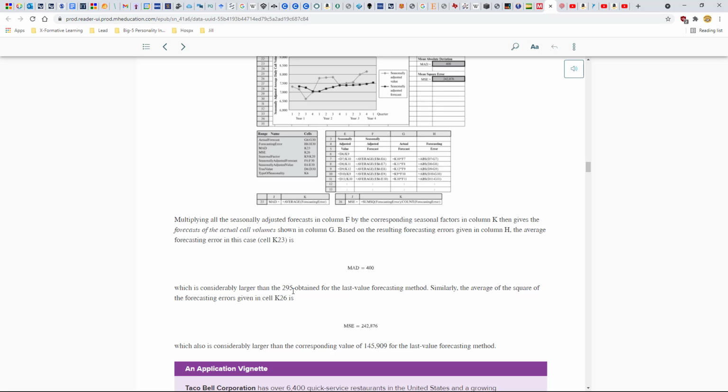Okay, so we're trying to develop a sense of what these MAD values can and should be. And they actually put a, not a normative, but a subjective phraseology around it, because they call it considerably larger than 295. So they consider, let's round 295 to 300, it's 33% greater than the last value forecasting method.